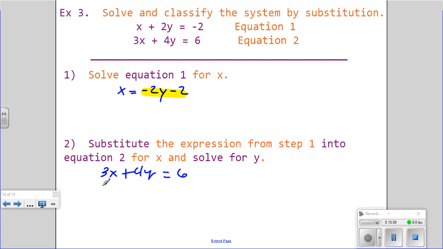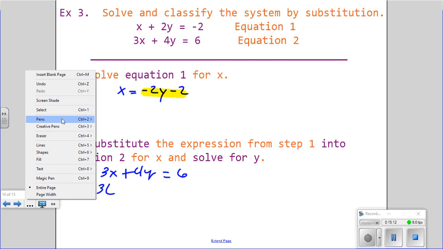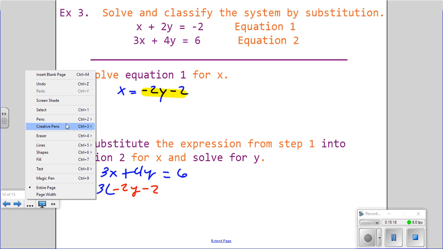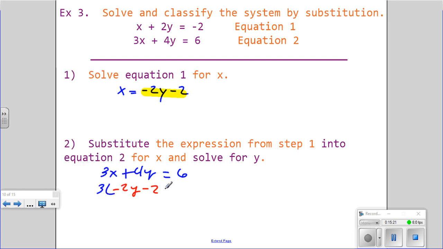So now instead of x, we're going to replace it with -2y minus 2. That's why it's called the substitution method. You replace one variable with an expression. And now you only have one variable to work on.